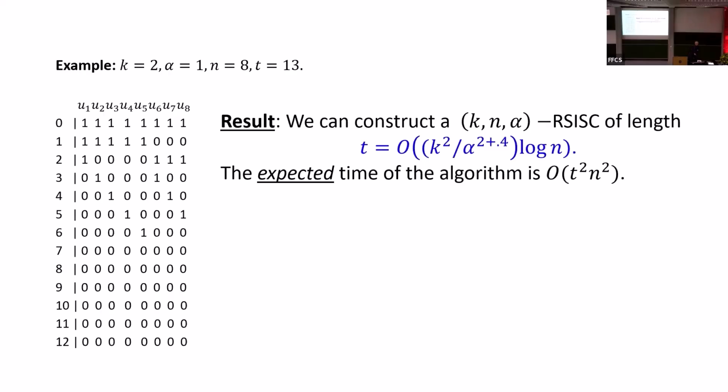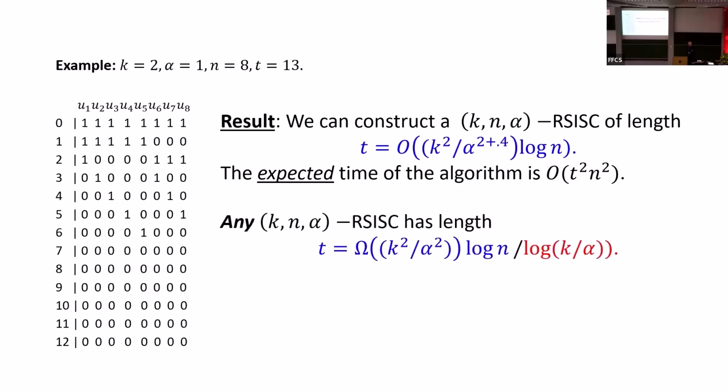The result is that we can construct, I mean, this is an algorithm, not an existential result, protocols of this length. And is the bound good or bad? We can also prove a lower bound, and you will see that there is always this pesky logarithm in the denominator between the upper and lower bound.